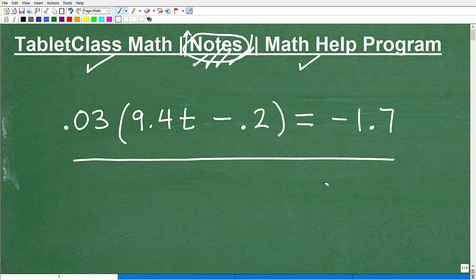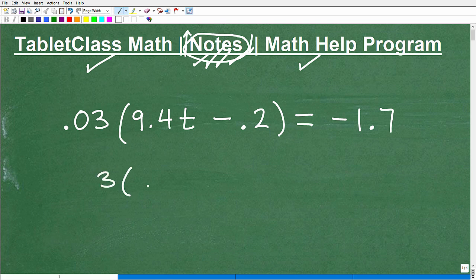All right, so let's get into this problem here. This is a basic equation, and let's remove the decimals for a second. Just think about an equation, something like this. Let's say 3 times 4t minus 1 equals, I don't know, let's say 8. If we compare this equation to the other one, this one I just wrote has no decimals, but the steps are going to be the same.